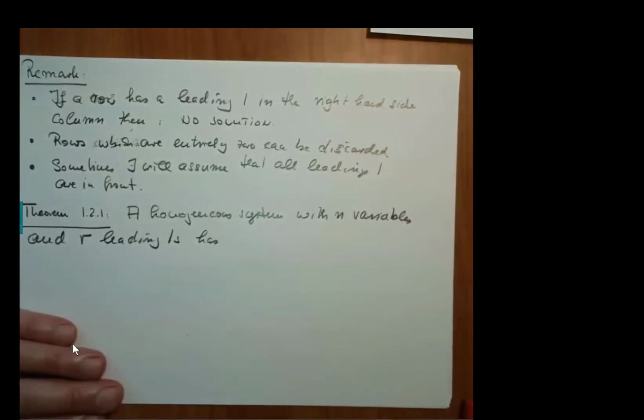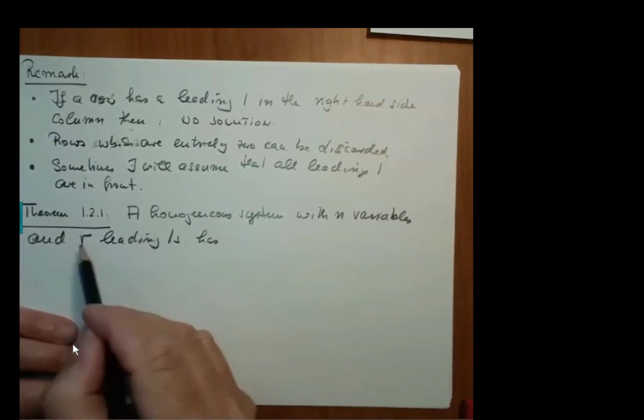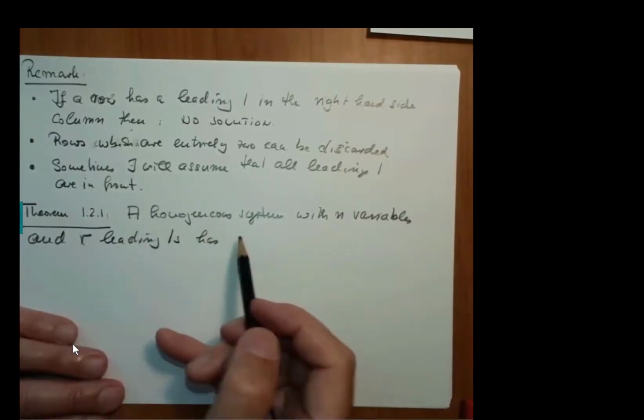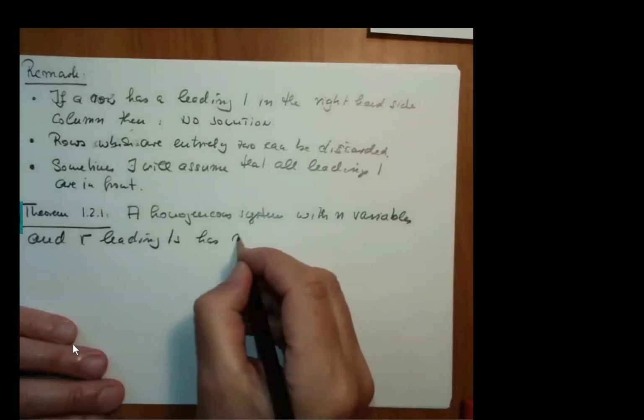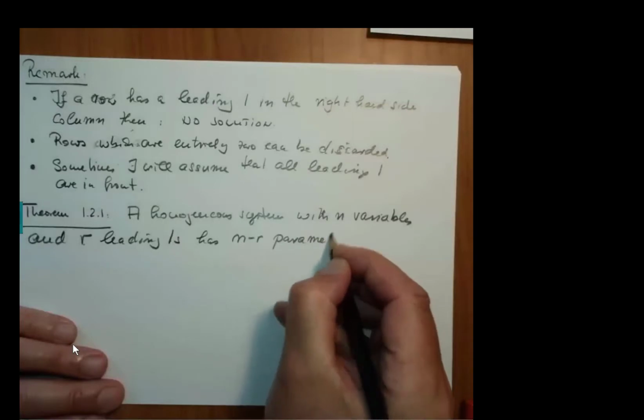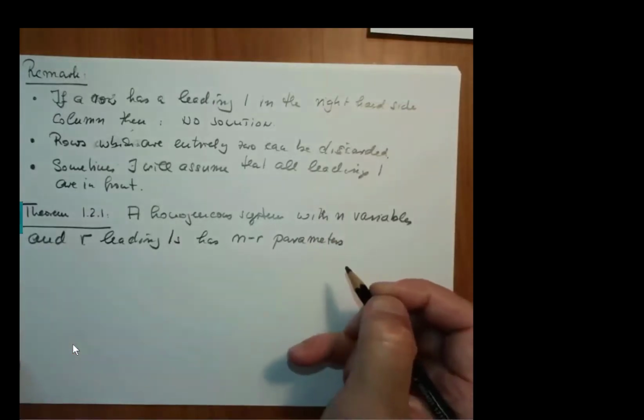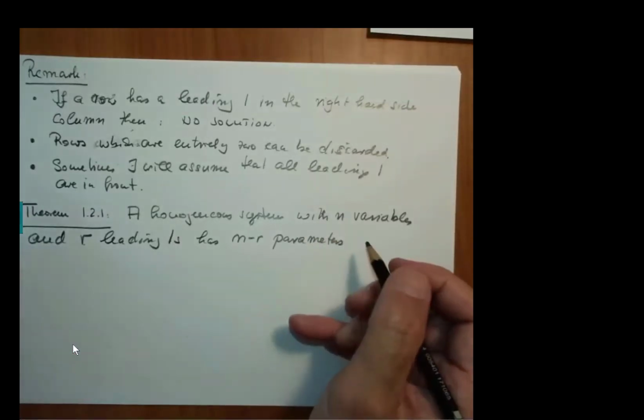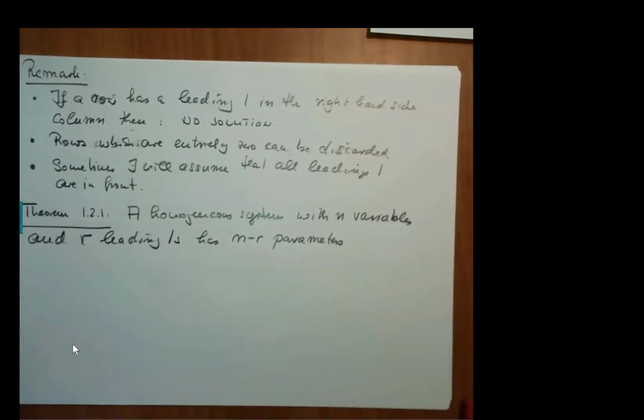N minus r, because for every variable which is not a leading one, you have a parameter. So there are n minus r parameters. That also means it has infinitely many solutions if r is smaller than n.